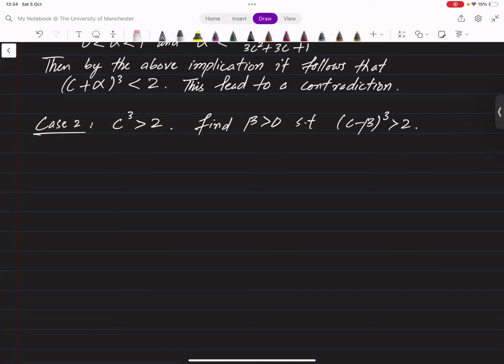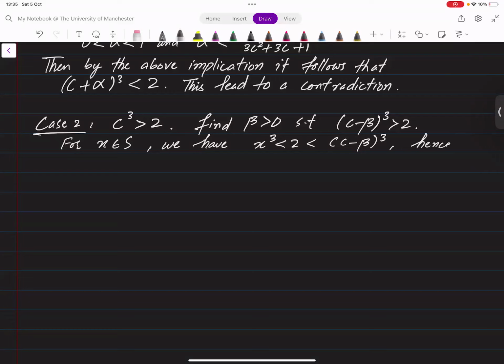Now if you do this, then for x in S, we have x cube less than 2, which is less than (c minus beta) whole cube.